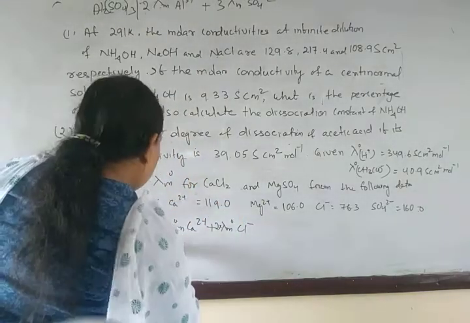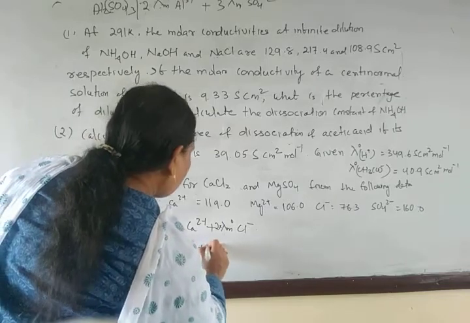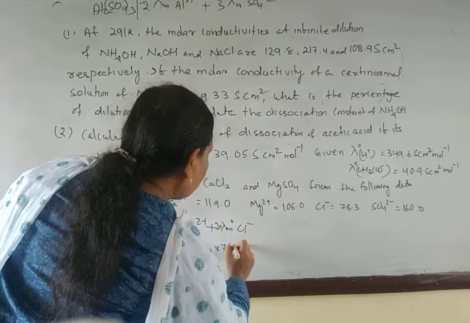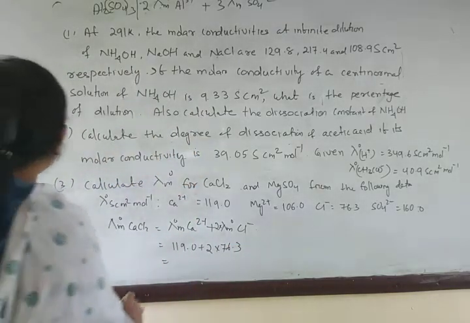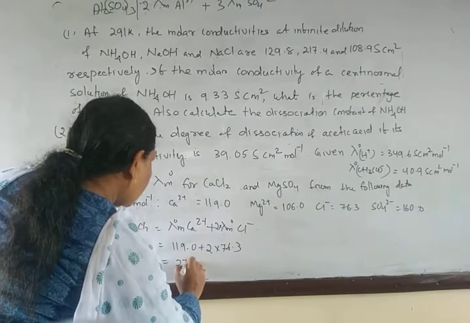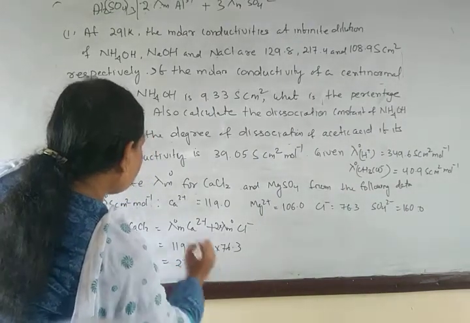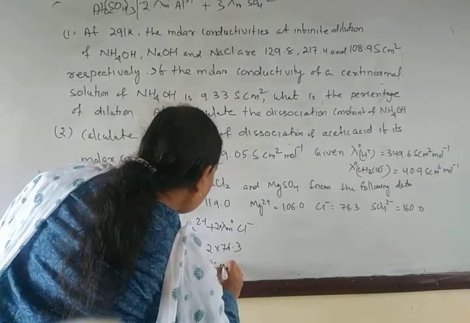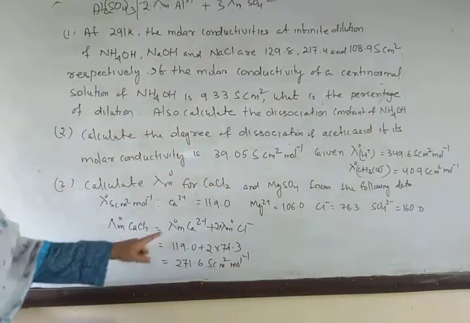In this way put these values: 119.0 plus 2 into 76.3. Here the answer you get is equal to 271.6 S cm square mole inverse for CaCl2.